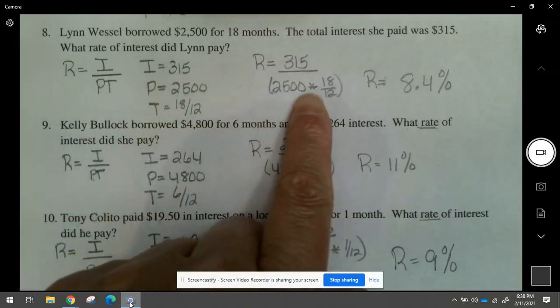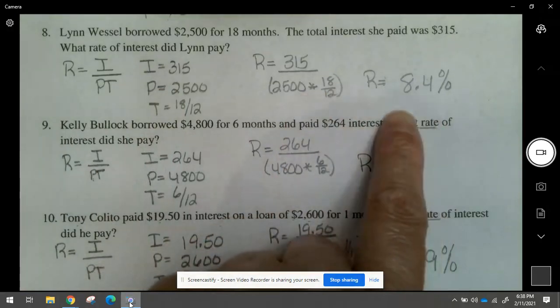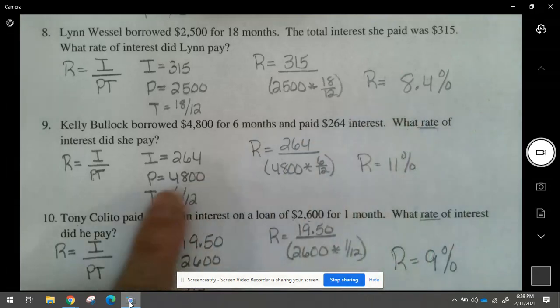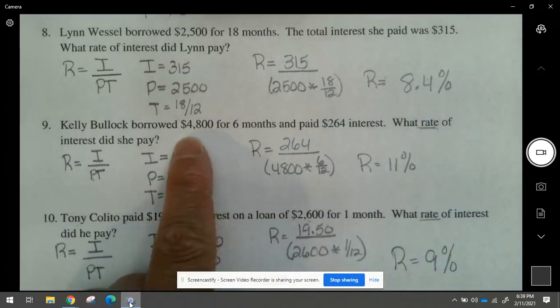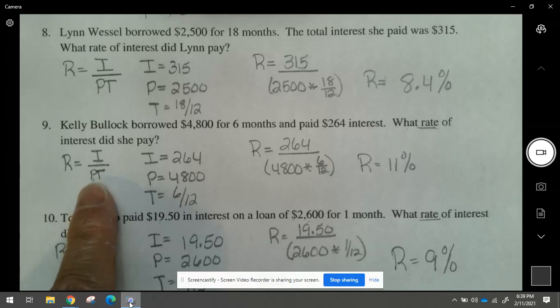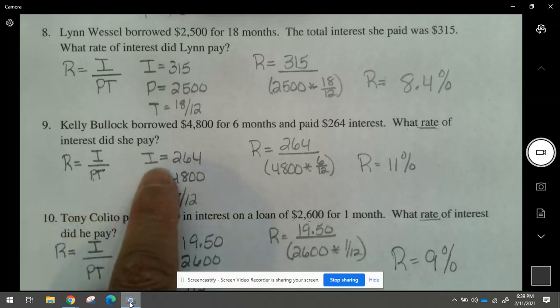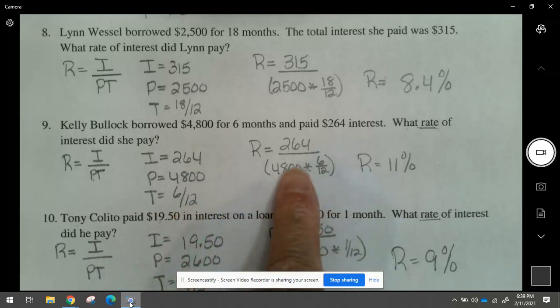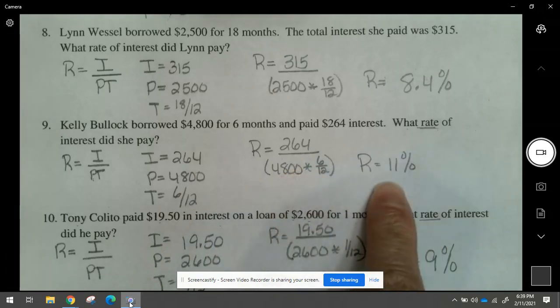We substitute those values in, and we get 8.4%. Number 9, we do the same thing. We write down our formula. We're finding rate, so it's I over PT. And we list out our known values. We sub in, we do our calculator work, and we get 11%.